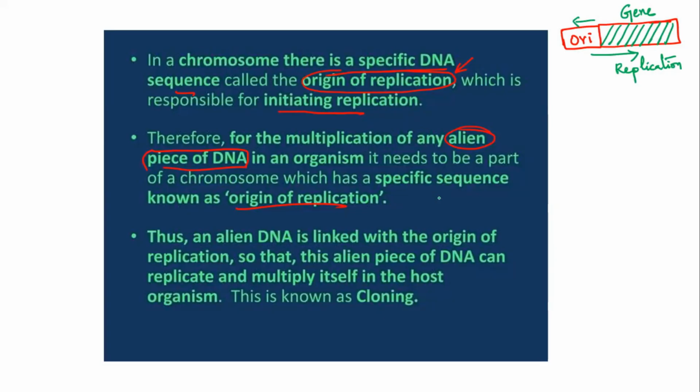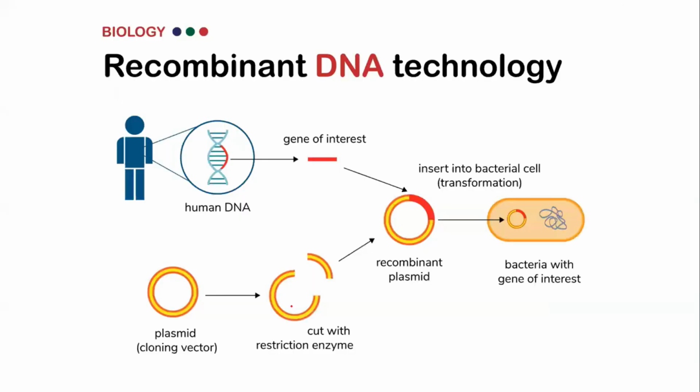So an alien DNA is linked with the origin of replication so that this alien piece of DNA can replicate and multiply itself in the host organism. And this is known as cloning. We already discussed the term, right? Cloning. Now this diagram well explains the recombinant DNA technology or genetic engineering, where we are considering this as the particular gene of interest. Okay. Let me take another ink here.